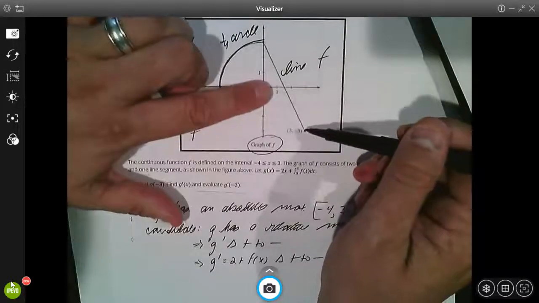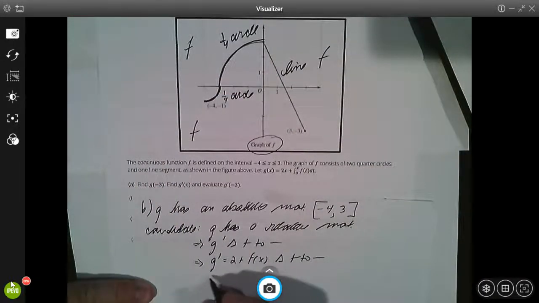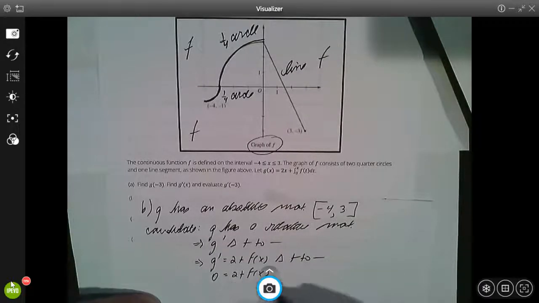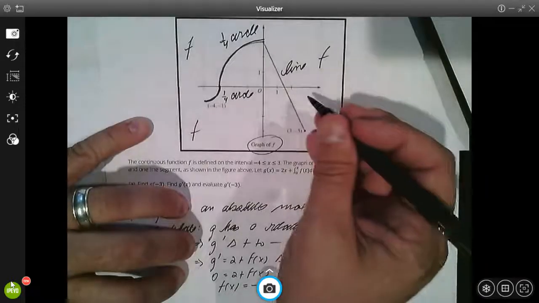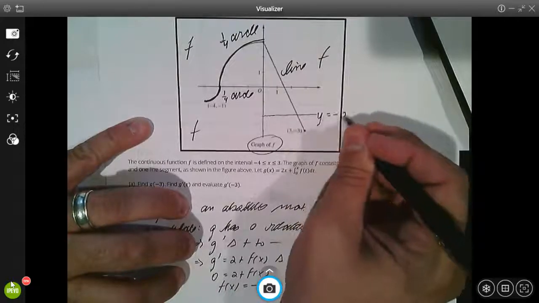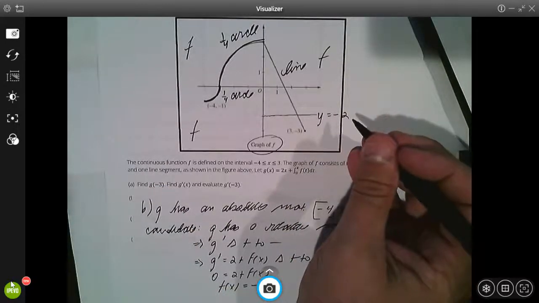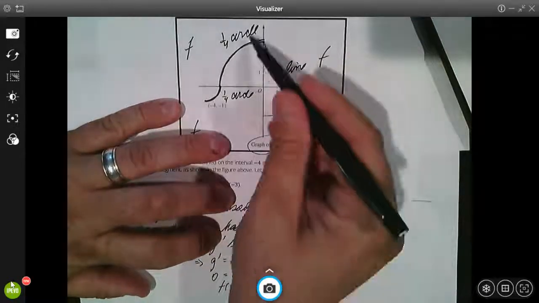You could think of it that way. I think it's going to be a little tricky to figure out where exactly this change happens. You could also say, well, let me see where it is that 2 plus f of x is equal to 0. That means that f of x is equal to -2. Where is it going to be true that the y value is -2? This one you're going to have to do a little bit of thinking. I've got this line here.